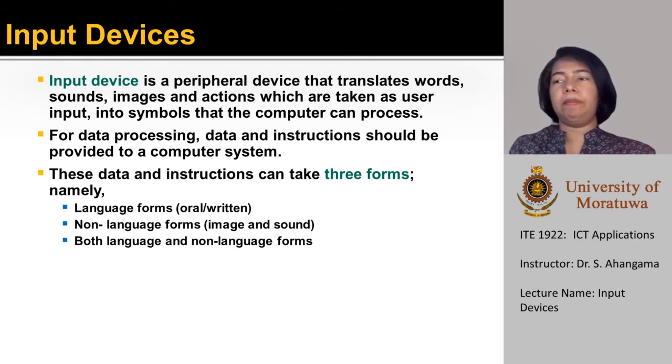Non-language form can be both image and sound patterns like music. Then, language and non-language form together can be considered as video, sound, and animations. In this way, with different input devices, you can input different data and instructions.